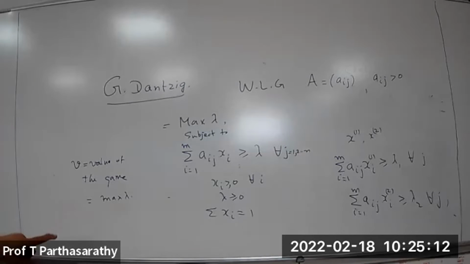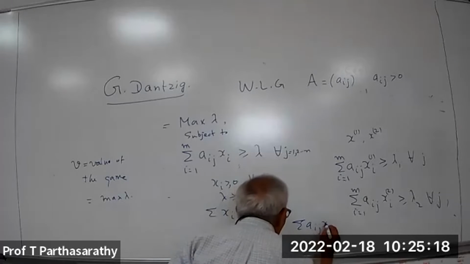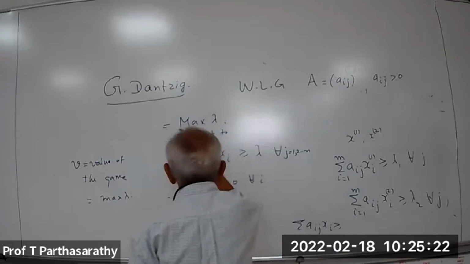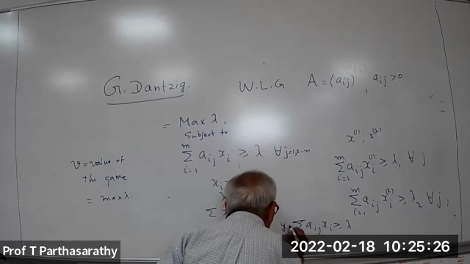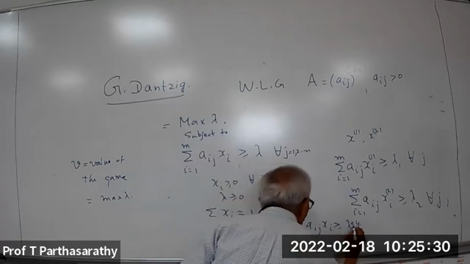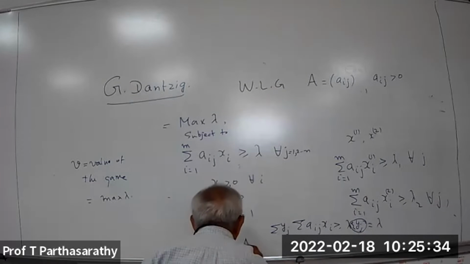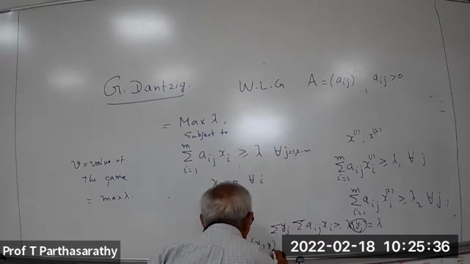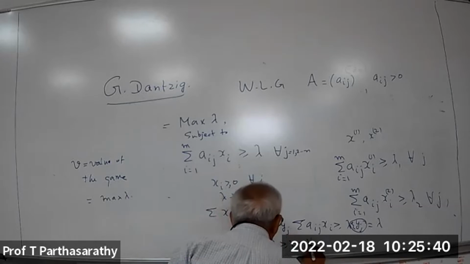But see, what it means is summation A_ij x_i is greater than or equal to this v, say, let's say lambda, against all j. Now you multiply each side by y_j, lambda y_j, and sum. But this is a probability vector. So in other words, A(x,y) is greater than or equal to this v, whatever be y, for all y.